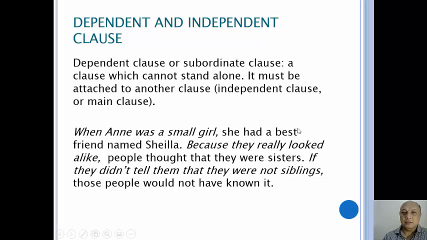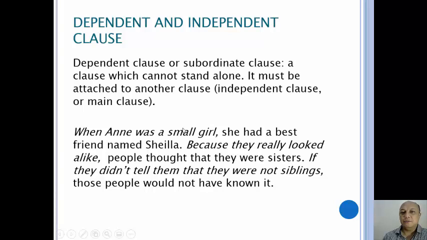You can also notice another characteristic of a dependent clause: it is started with a conjunction, when, because, if.